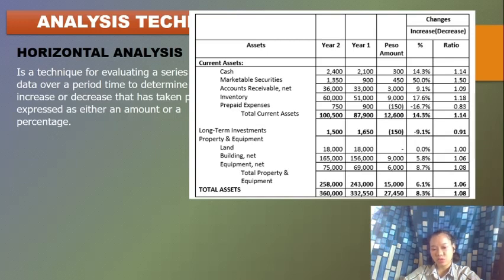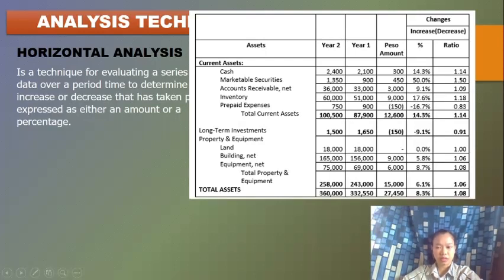So you still need to multiply it by 100 to get 14.3%. Let me repeat. The first step is to subtract 2,100 from 2,400, which is equal to 300. Then 300 divided by 2,100 is equal to 0.1428, and then you multiply it by 100, and it equals 14.3%.